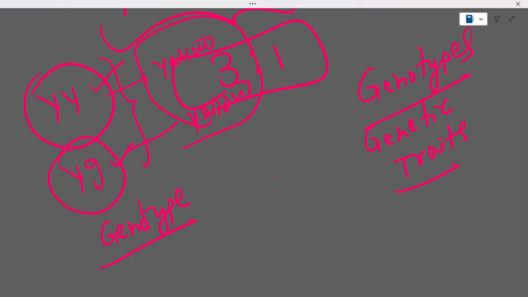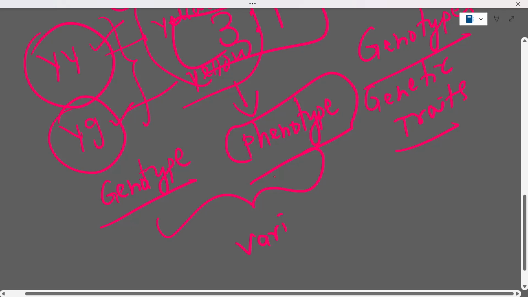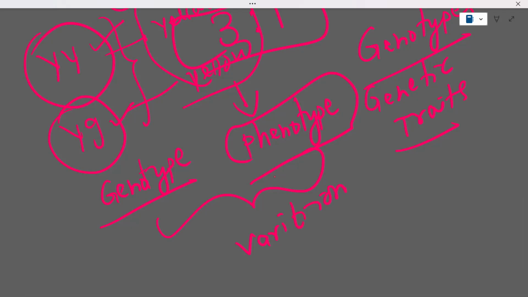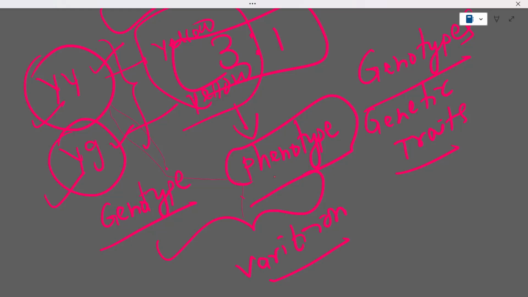So yellow is the color which is expressed, which is visible, which can be observed. This observable trait, the visible appearance, is known as phenotype. So this is where the variations upon which natural selection acts lie. Even if you have different genotypes, you can have similar phenotype.